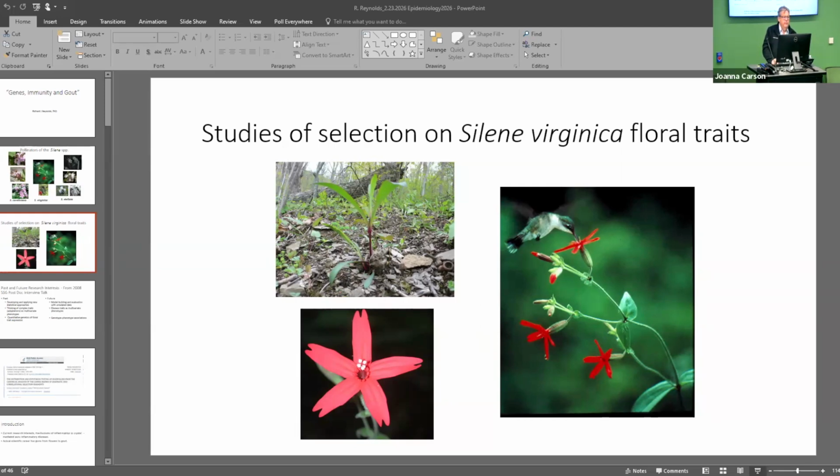I'll try to be brief here. These are the results for age at disease onset, and what you notice here is that the gout genetic risk score is associated with reduced age at onset.